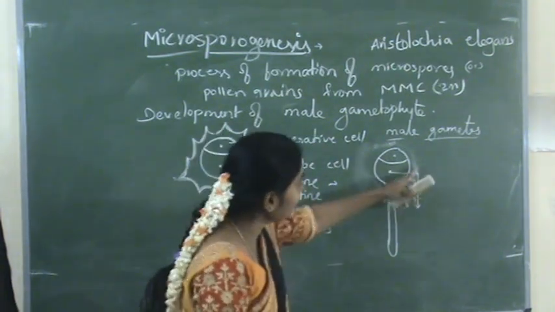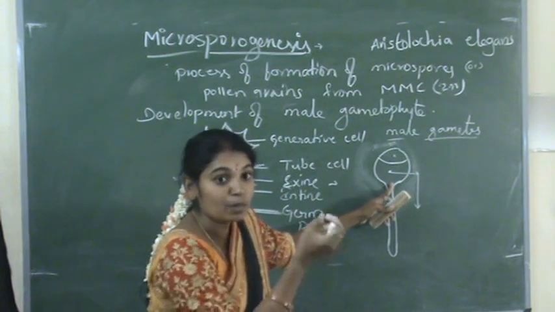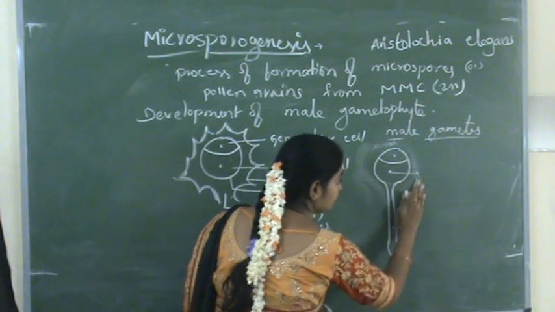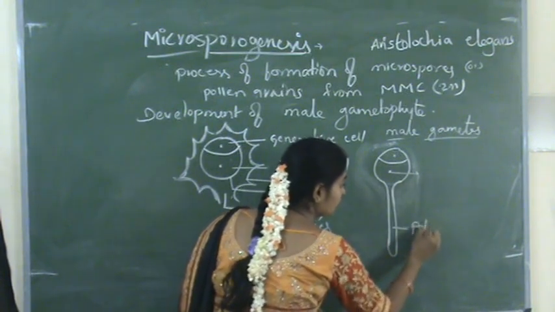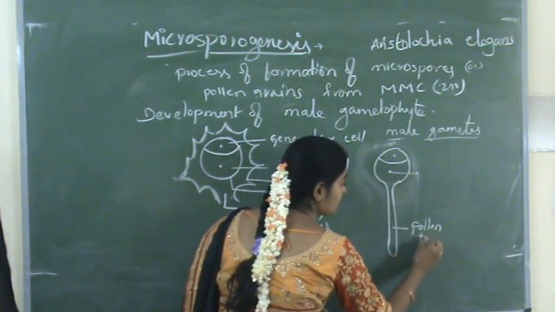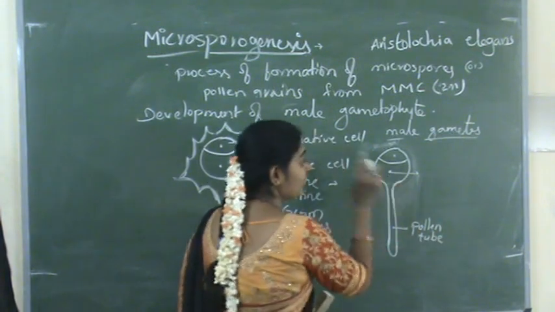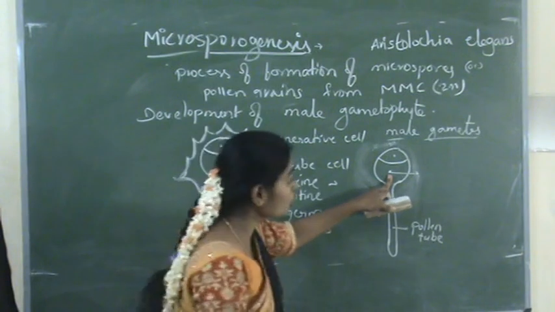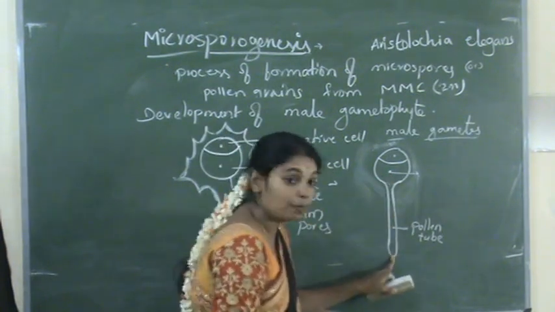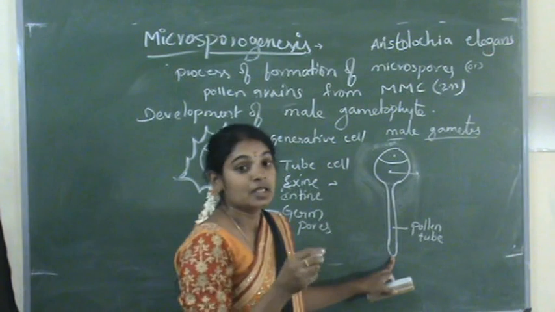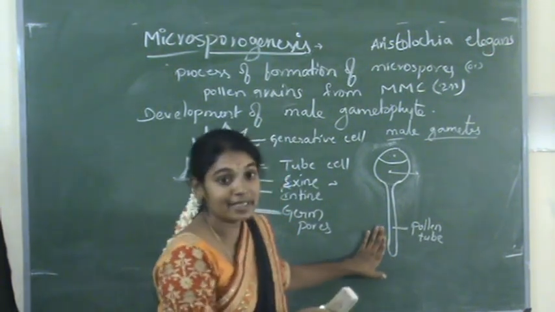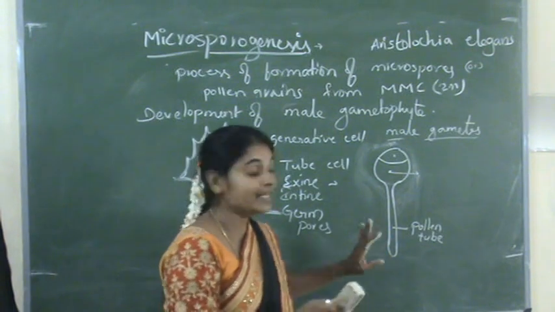So this is the intine wall. The intine wall comes out as a tube-like structure which is called the pollen tube. First, the nucleus of the tube cell enters through the pollen tube and reaches the stigma. After reaching the stigma, it degenerates immediately.